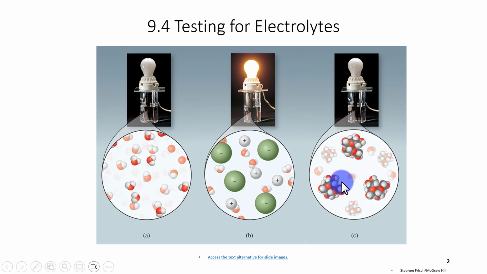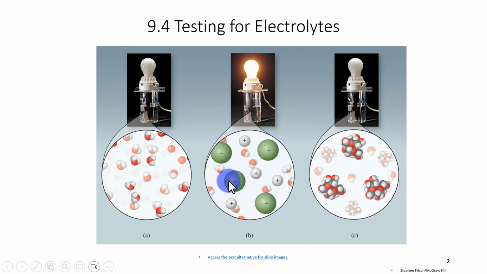Well, let's take a look at this one here. This is glucose, sugar. Glucose dissolves very well in water, but because it is a molecular compound that doesn't split into ions when it is dissolved, it cannot conduct electricity. It is not a good electrolyte. Here is sodium chloride dissolved in water.